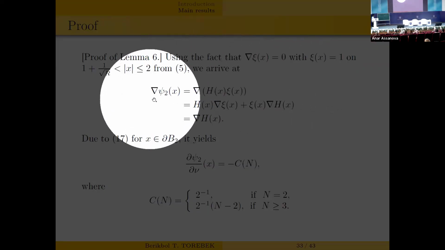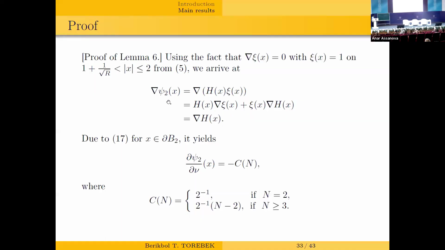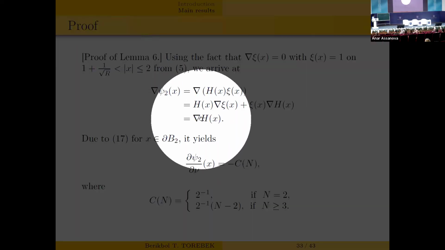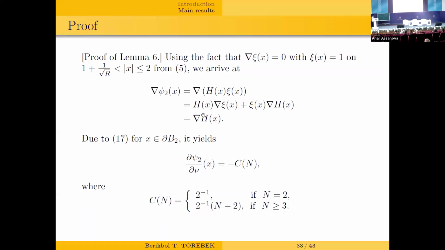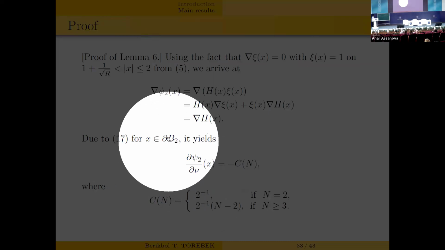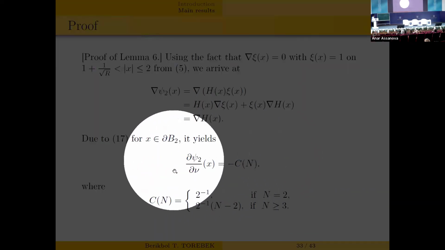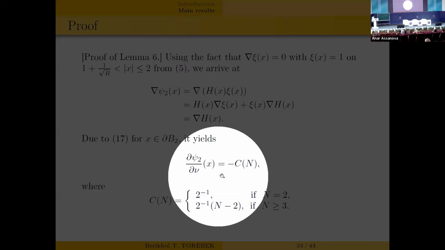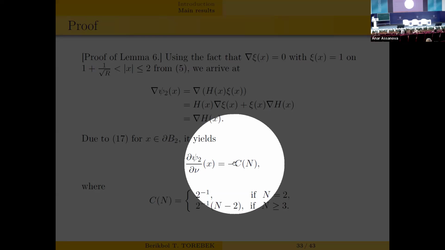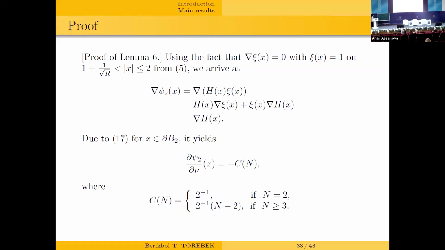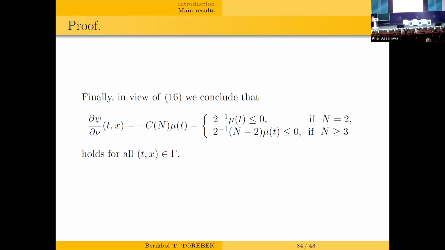Then we can get the first order derivative of function psi2. Finally, this one equals this one. Then we can calculate this term on the boundary. Capital C of n is positive, but here we have the sign minus. It means that the normal derivative of function psi2 is non-positive on the boundary.